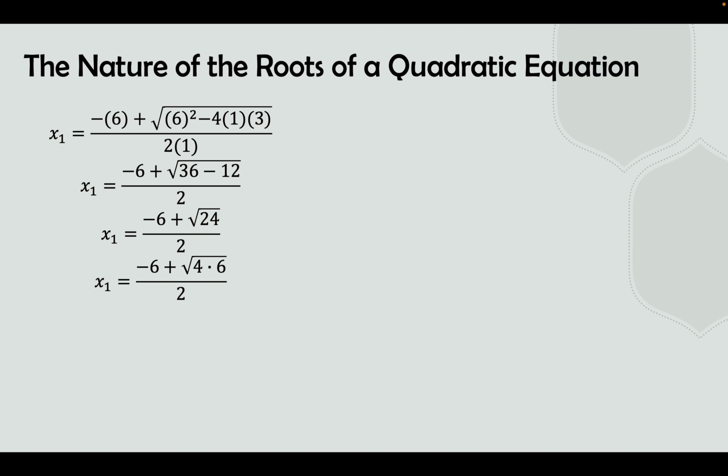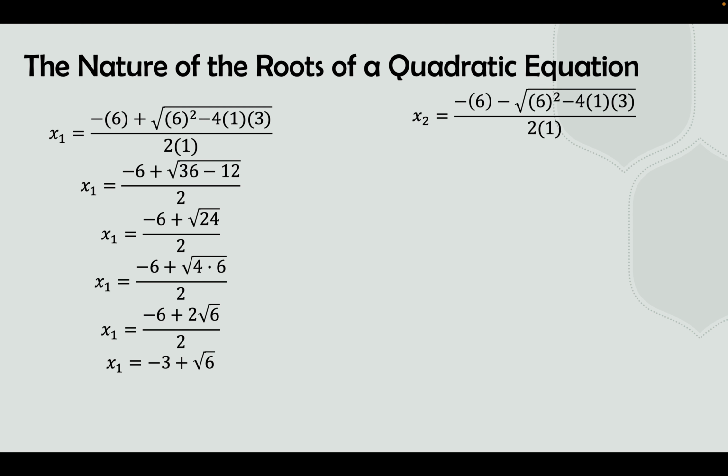We can factor 24 as 4 times 6 so that we can simplify this. So we have negative 6 plus 2 square root of 6 over 2. We can simplify: negative 6 divided by 2 is negative 3, and 2 square root of 6 over 2 divided by 2 is square root of 6. So we have negative 3 plus square root of 6.